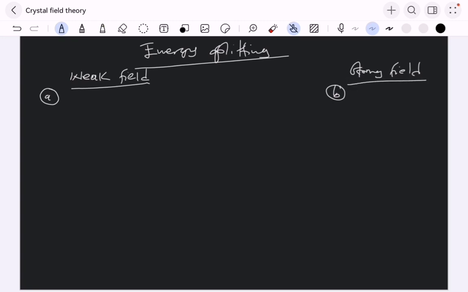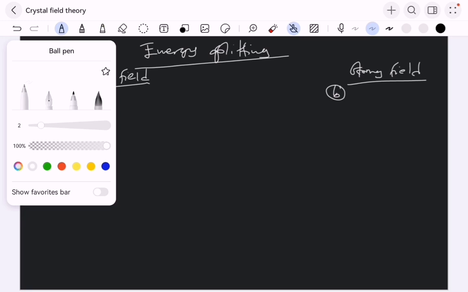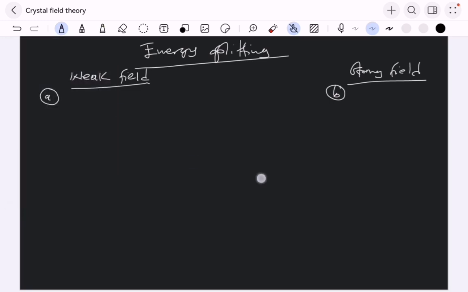But generally, if we're looking at the energy levels, if this is our energy level, those 5 orbitals at some point are degenerate. So they have equal energy when we say degenerate.